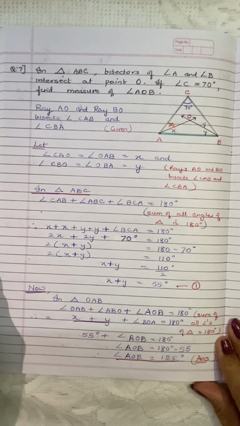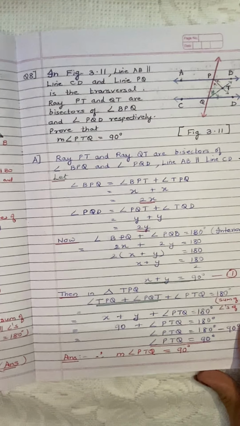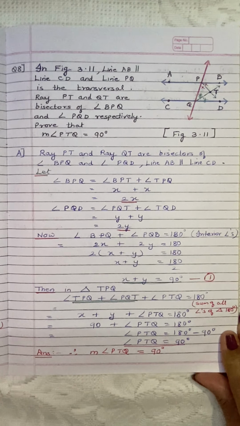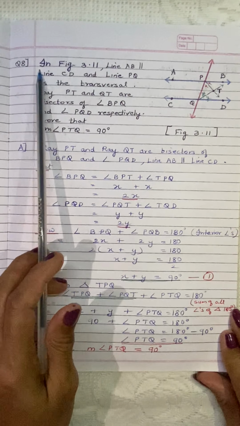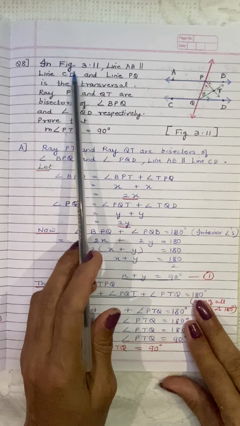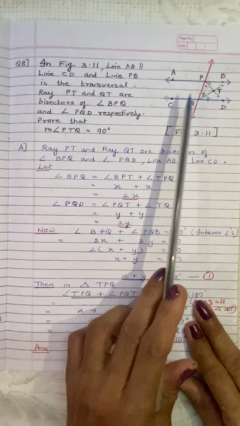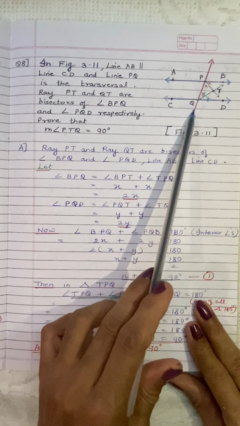Next, question number 8. In figure 3.11, line AB is parallel to CD and line PQ is the transversal.